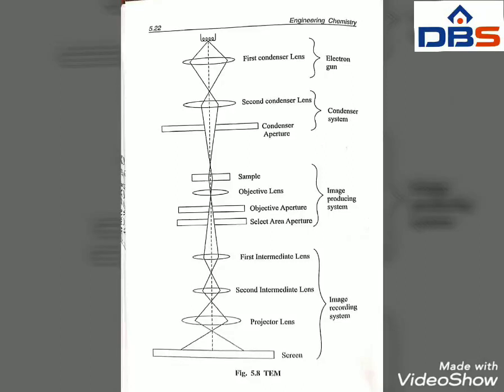Next, the instrumentation explained. First one is the electron gun. The electron gun provides the electron beam. Second one, condenser system. The condenser system focuses the electron beam onto the sample.